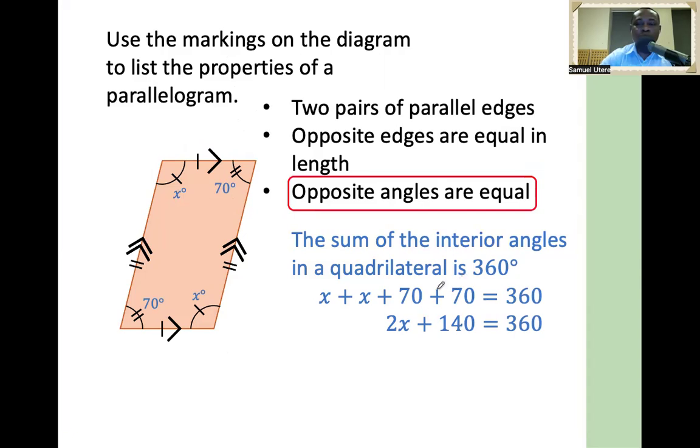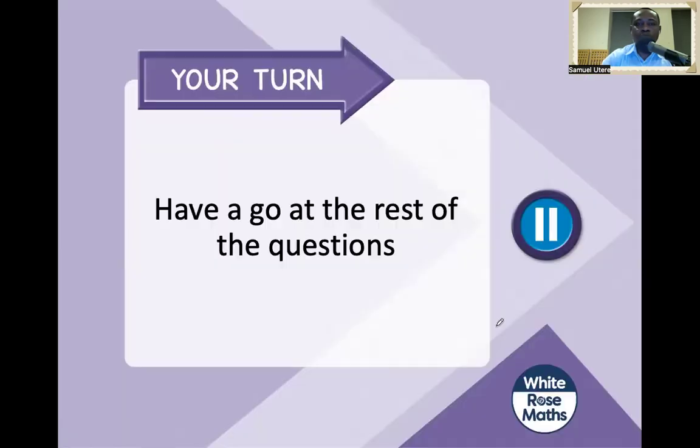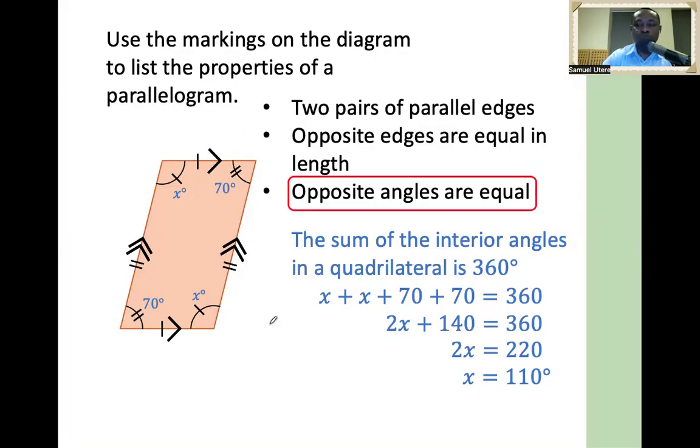And by now, you know how to form equations like this and how to solve them. So the equation would be x plus 70 plus 70 equals 360. So we'll have 2x plus 140 equals 360. 2x is equal to 220, which means to get x, you divide by 2. By now, you know how to solve equations. If not, you can refer to our previous lesson videos. So each of these angles will be 110 degrees.